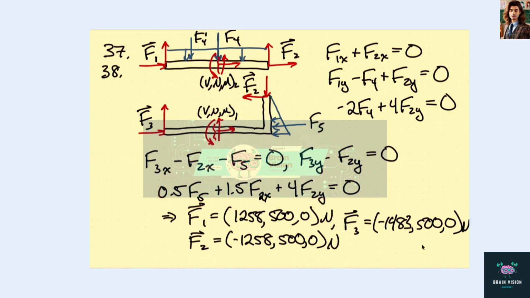Now we have 6 equations and 6 unknowns, and we can figure out that the reaction force at the wall at the upper support is 1,258 newtons in the x direction and 500 newtons in the y direction. At the internal point, where they're pinned together, we have the forces minus 1,258 newtons in the x direction and 500 newtons in the y direction.